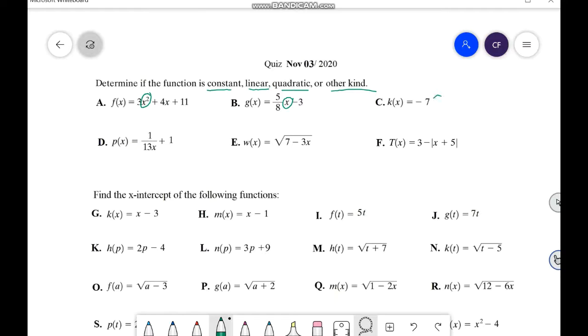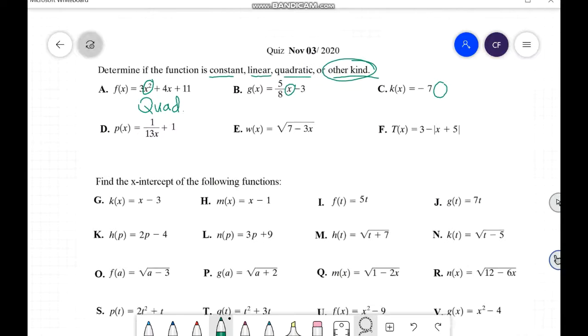And you don't have any variables here, right? If the variable is squared, it's going to be quadratic. So this one is quadratic. If the variable doesn't have an exponent, it's linear. If you don't find any variables at all, it's going to be constant. And if the variable is in the denominator, or inside the square root, or inside an absolute value function, then it's going to be another kind of function. Okay? Pretty simple.